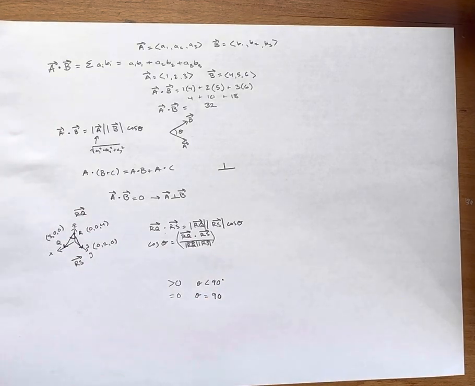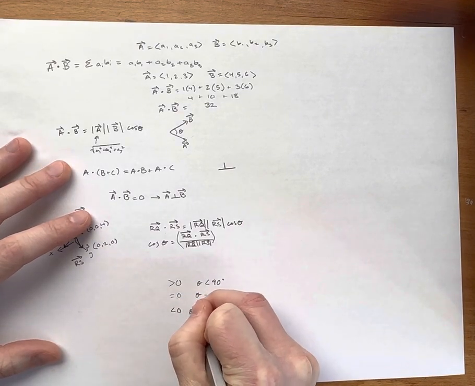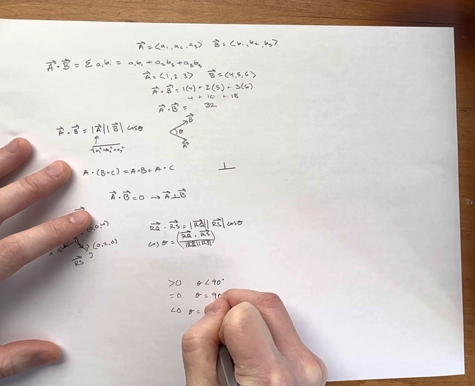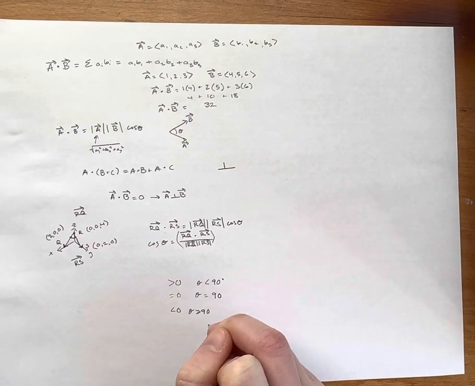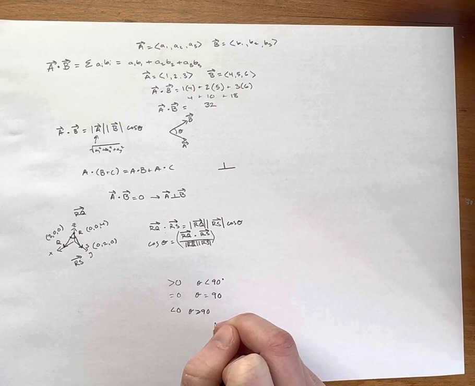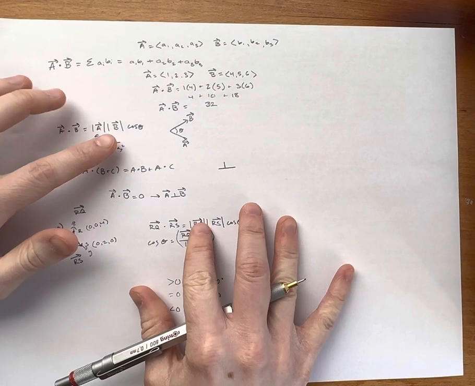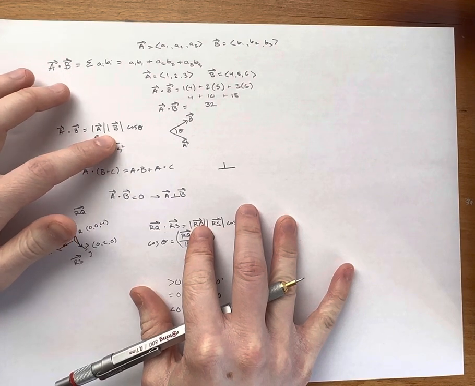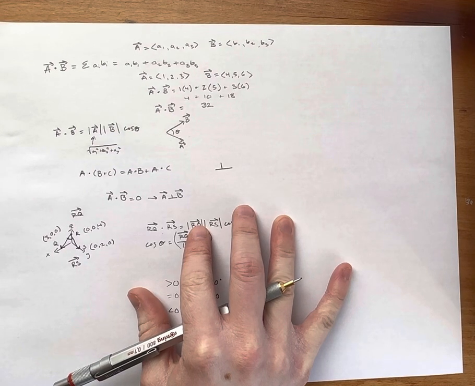And then if the dot product is less than 0, then theta is going to be greater than 90 degrees. Because again, if you take the cosine of 170 degrees, you're going to get a negative value, versus if you take the cosine of 45, you're going to get a positive value. And obviously, the magnitudes of A and B won't have a negative or positive with them because you're squaring them and taking the square root.